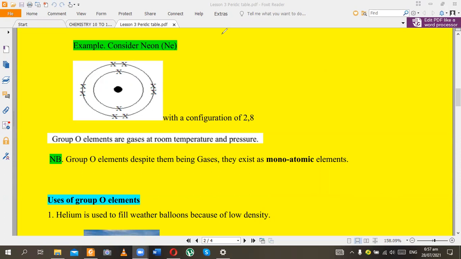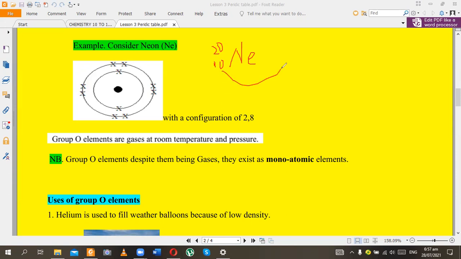Now it's just a confirmatory presentation, but this is not helium, it's Mr. Neon, who has the mass number of 20 and the relative atomic number of 10.